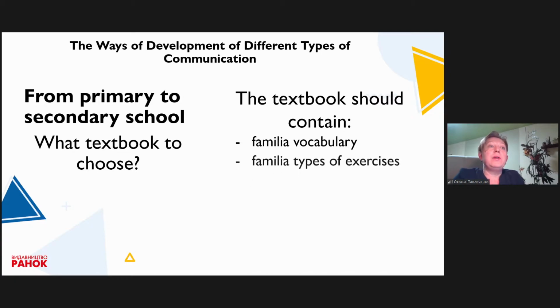Then it is very important that the textbook contains familiar types of exercises, because we had been teaching our pupils some types of exercises for 4 years. And now if the types of exercises are changed, they will have some misunderstanding.